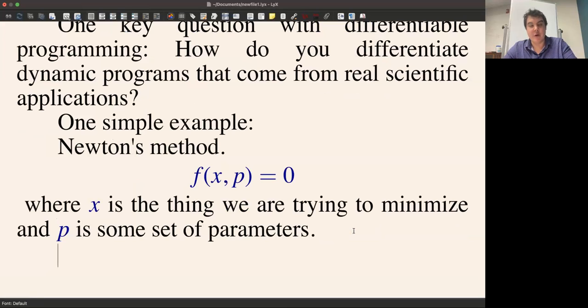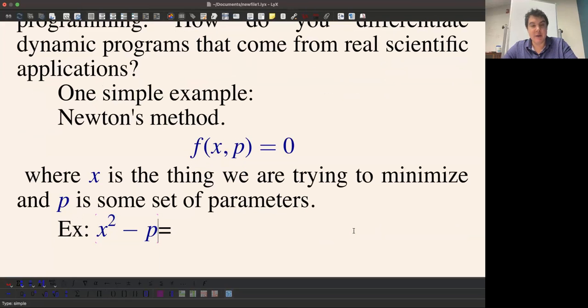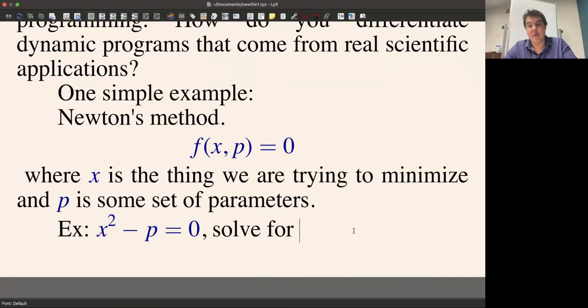For the example, we have something like x squared minus p equal to 0. Solve for x. So this is a parameterized root finding function. If I change p, I change the solution for what x should be.